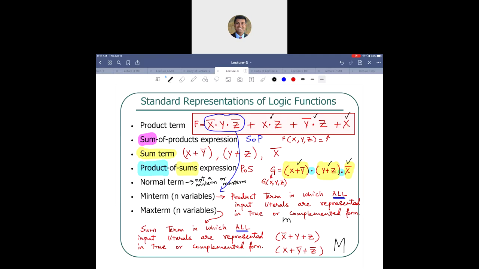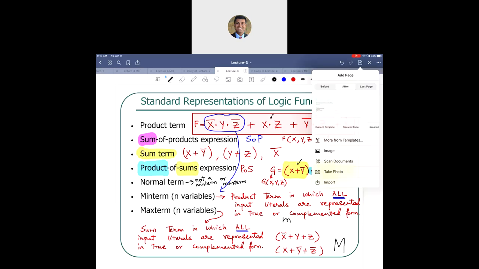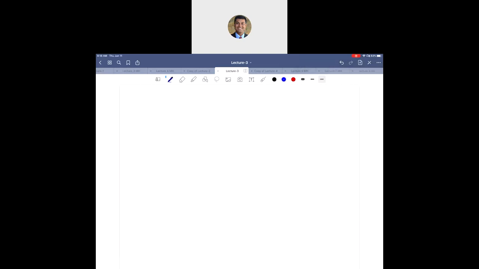All right, so I think we have talked about this enough. Let us actually define a couple more things. Let's talk about canonical sum of products.